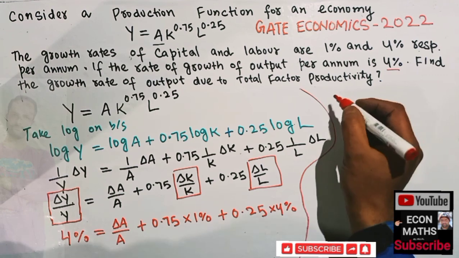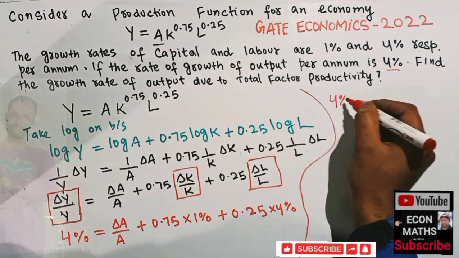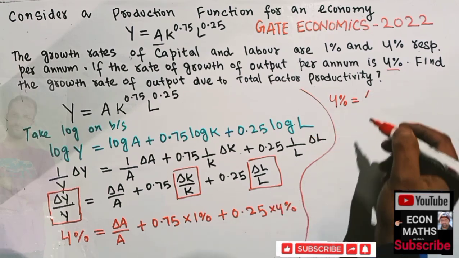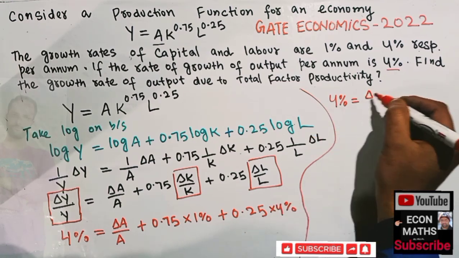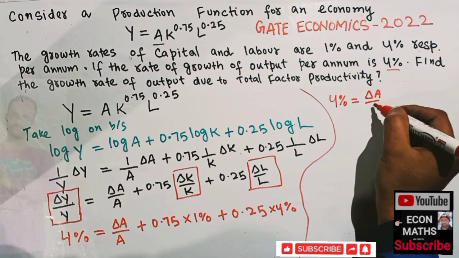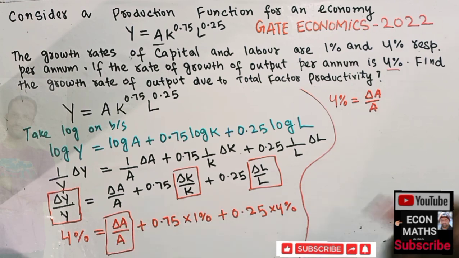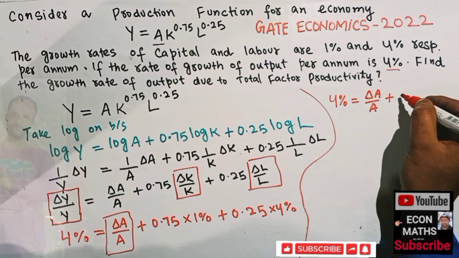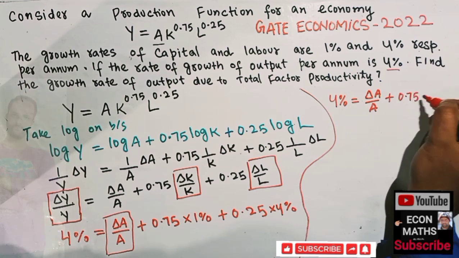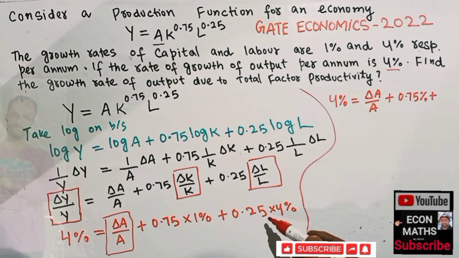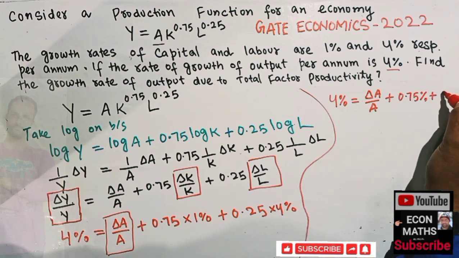Simply, we have 4% equal to del A upon A, which denotes the growth rate of total factor productivity, plus 0.75 into 1, which comes out to be 0.75%, plus 0.25 into 4%, which comes out to be 1%.